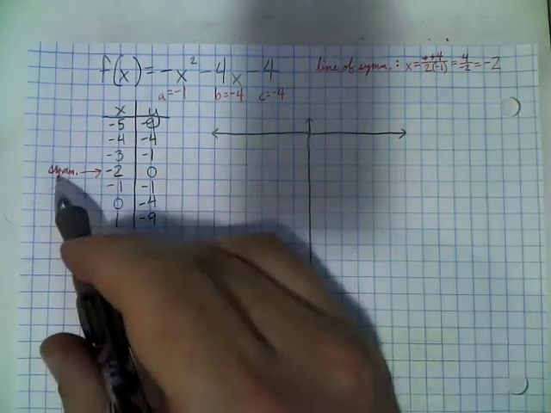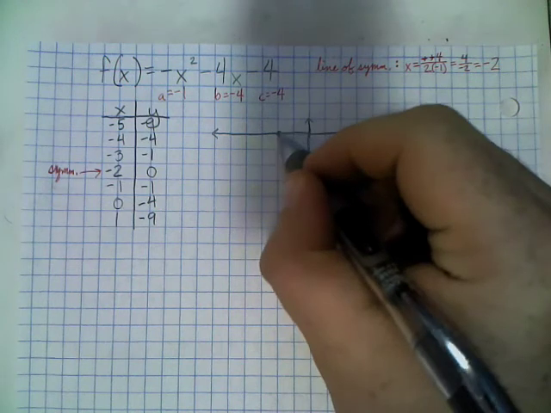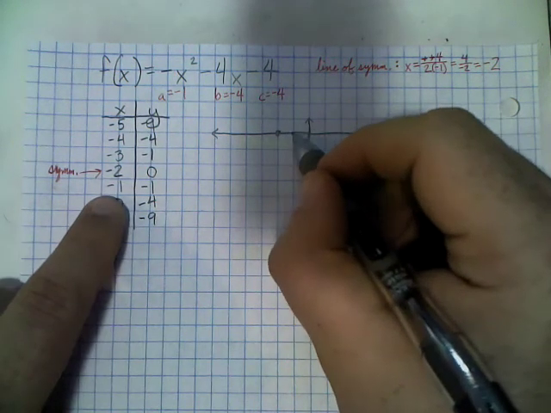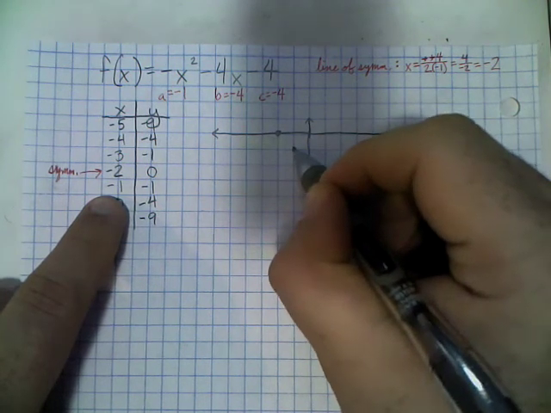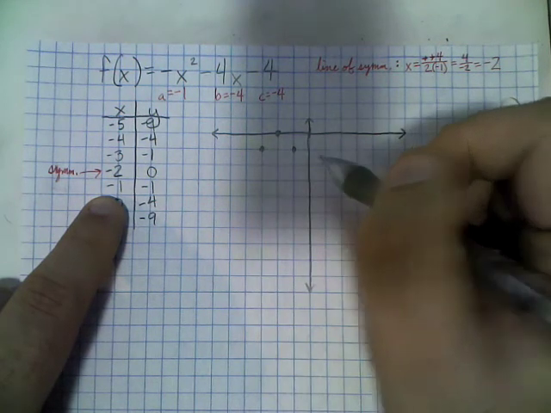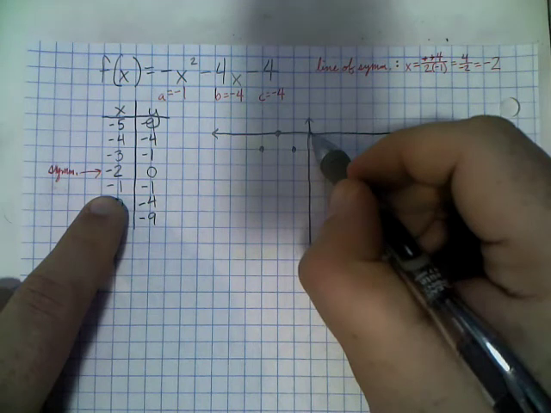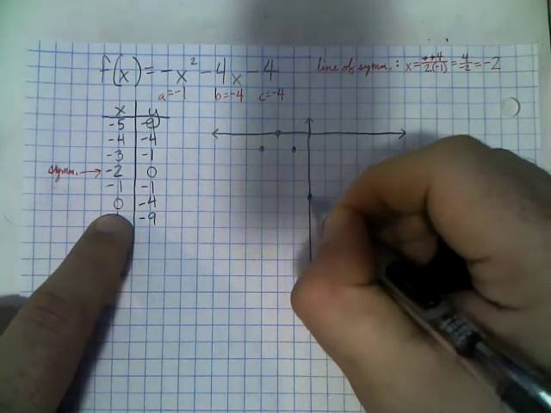And I would recommend that you start with your vertex. So negative 2, 0 is my vertex. And then going negative 1 takes me down here. So 1 to the right is there. So 1 to the left should be right there. Sure enough, it is. Negative 3, comma negative 1. If I go 2 to the right, when x is 0, y was negative 4.